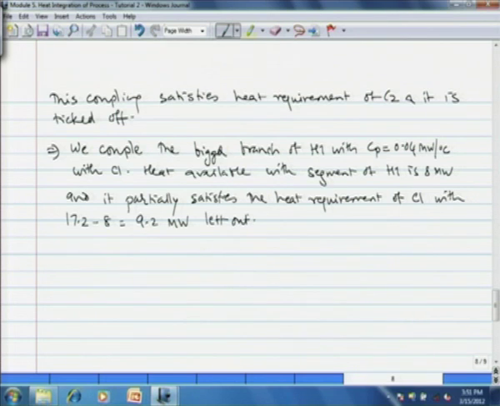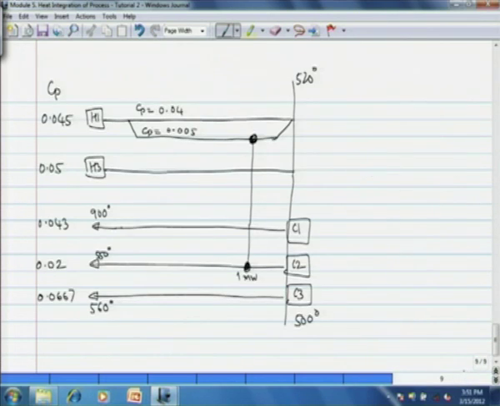So, now we make the second match. Segment of H1, the bigger segment, is matched with C1, and the heat load here is 8 megawatt.